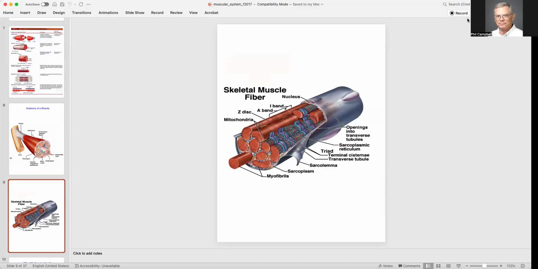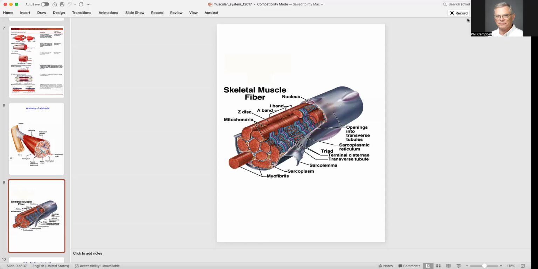If you look here, on the surface of the sarcolemma, the plasma membrane, you'll see little holes. Those holes are open to the interstitial fluid outside the cell, right? And they are internalized into something called a transverse tubule, because that tubule transverses into the cell, and it's open to the outside of the cell.